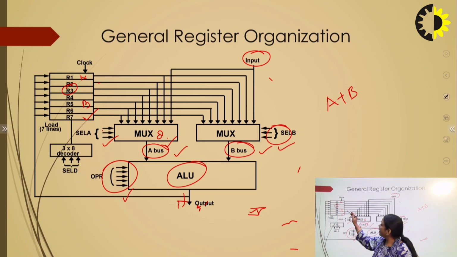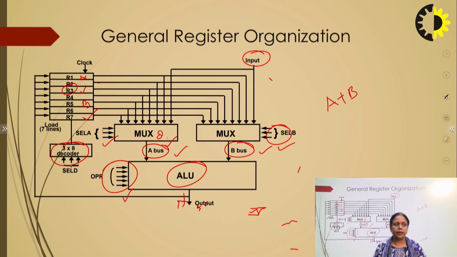You can see here, this is the decoder. The 3:8 decoder has 3 inputs and 8 outputs. If we want to select R3, we have to give the input to the decoder so that it will activate the load input of R3 only, and the other registers will not take the input from the ALU.